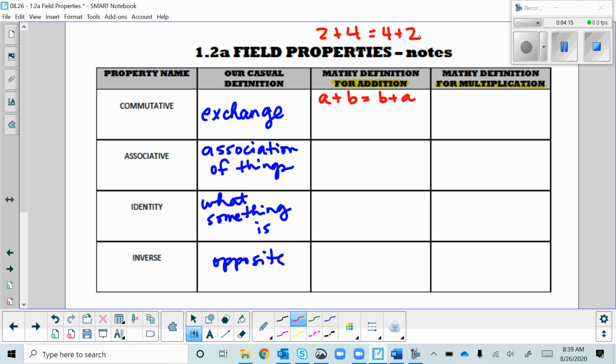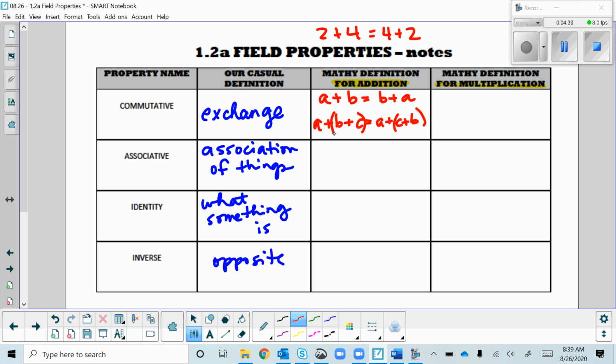And if I had multiple numbers, like if I had 3 things, A plus B plus C, and if I picked any 2 of those and added them, it doesn't matter which order they go in. I'll still get the same answer. Remember, order of operations, you do parentheses first.